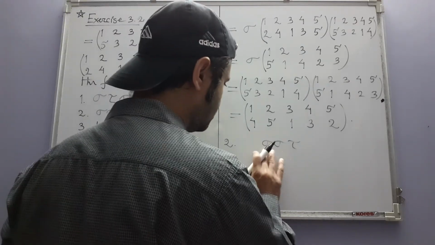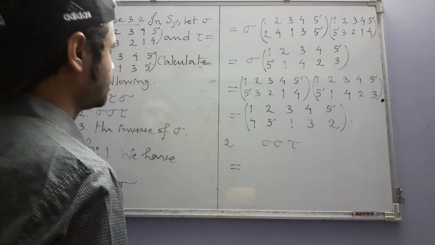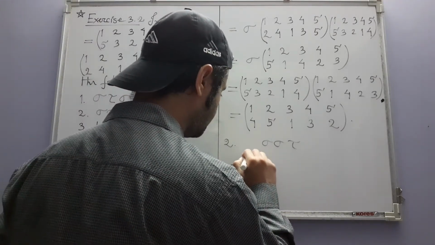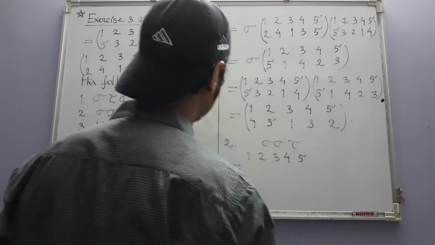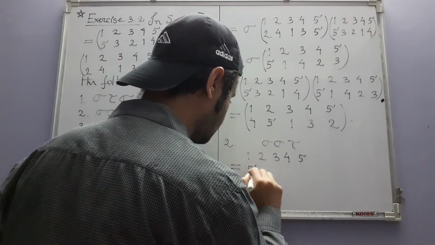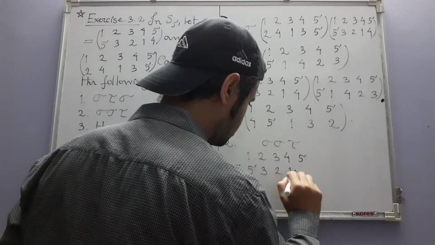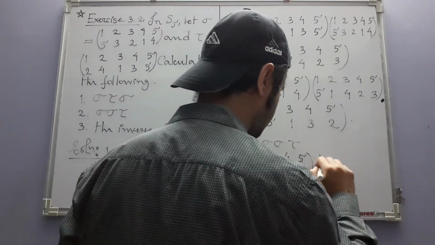Okay, so here we decide to do this two first. So our sigma is like before, 1 2 3 4 5, 5 3 2 1 4. And again this one.